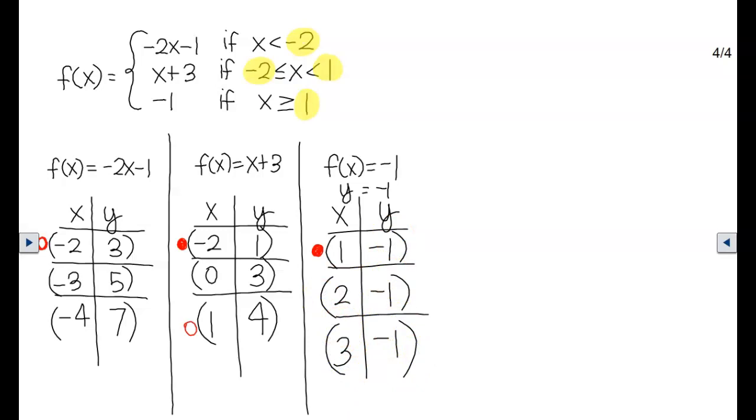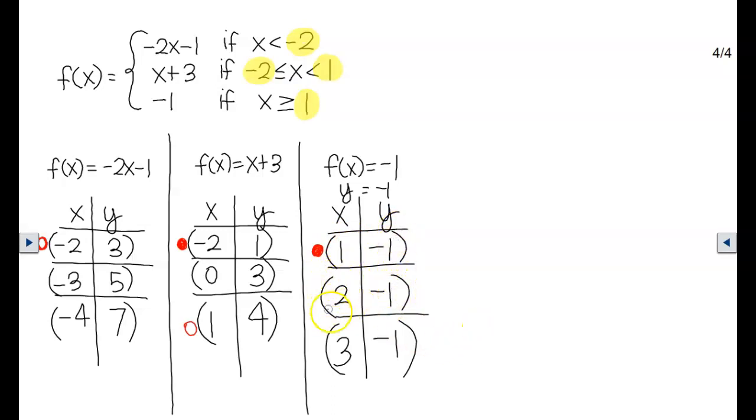Now I want to make sure I say something here. This is a function. I don't want you to think because all those answers were -1 that it's not a function. It is. It is a function because for each specific input, I only got one output. So when I specifically put in 1, I got one answer, and that was -1.